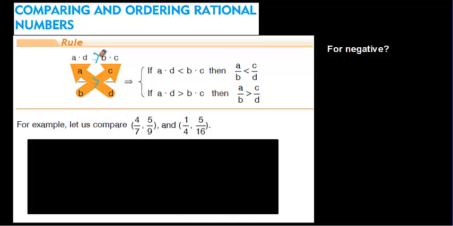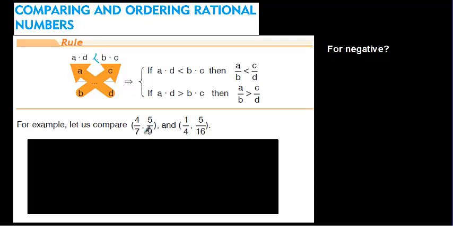Also, if a times d is less than b times c, it means that a over b is less than c over d.